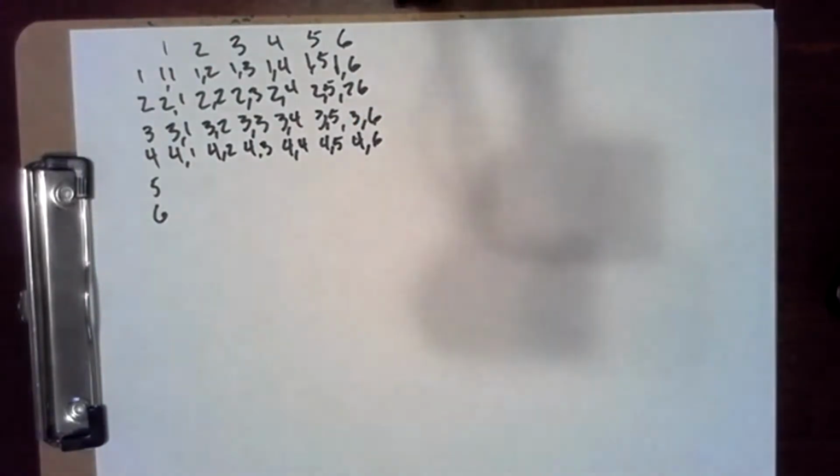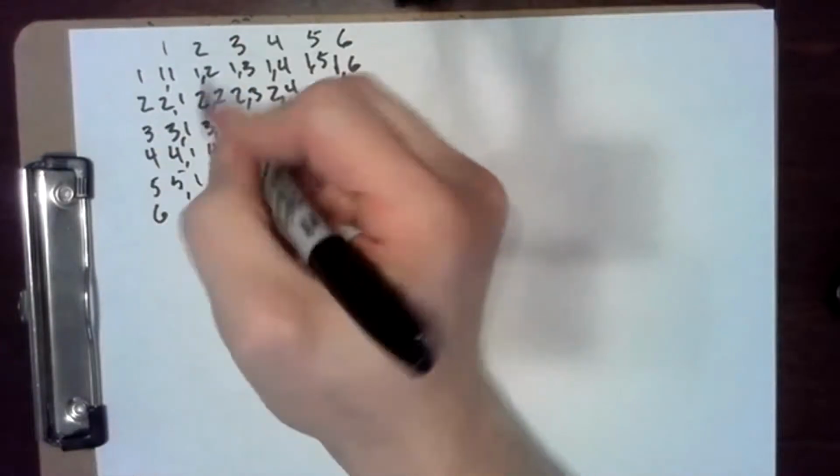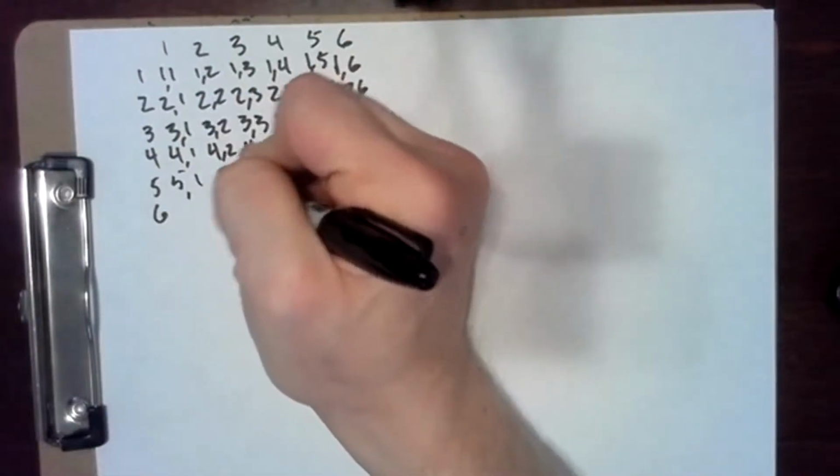And it's pretty obvious how this is going. We're just going to get each possible combination of two numbers in either order.